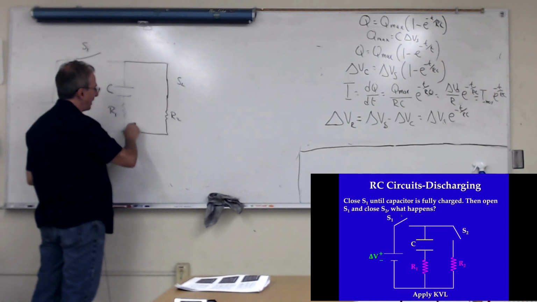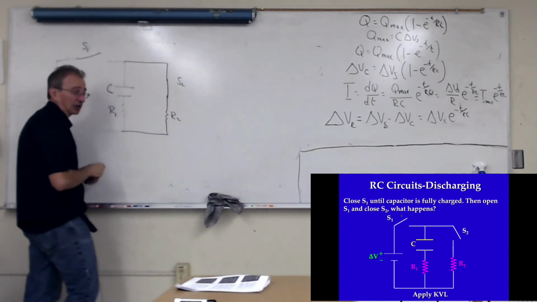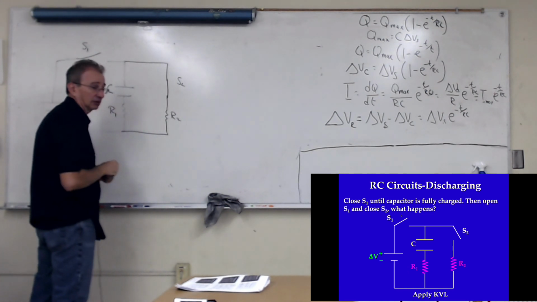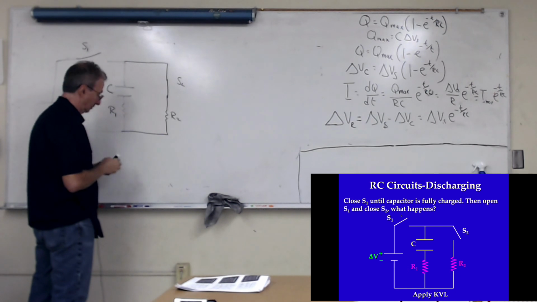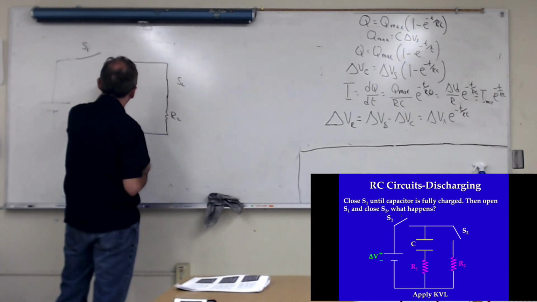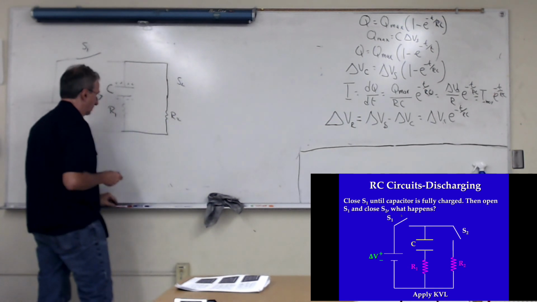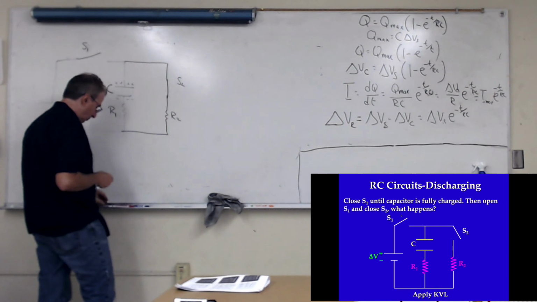I have a closed path, and what's going to happen is electrons are going to start to flow in this circuit. The capacitor will discharge. If this side's positive and this side's negative, the capacitor will discharge.